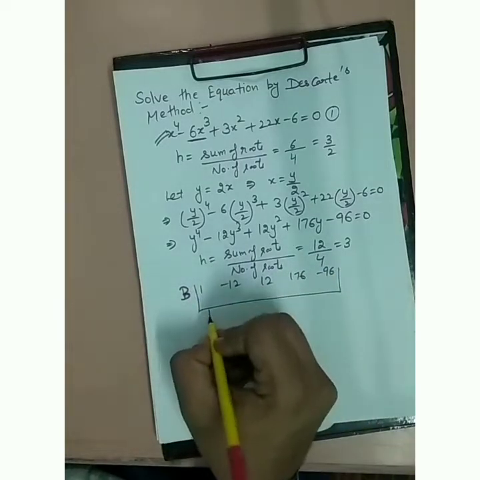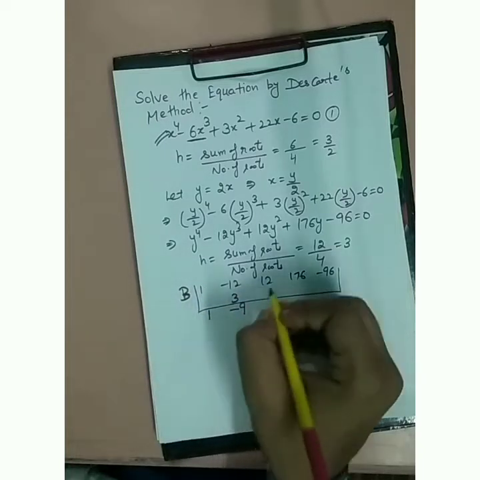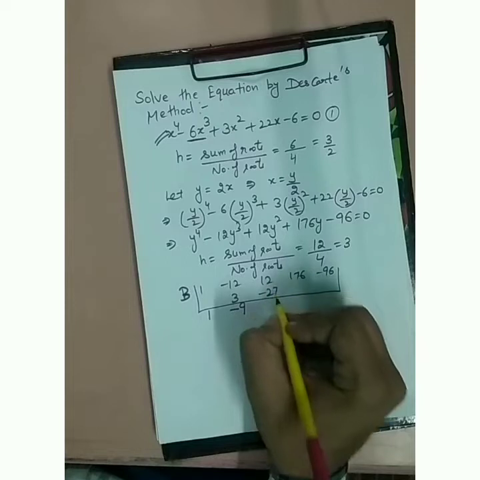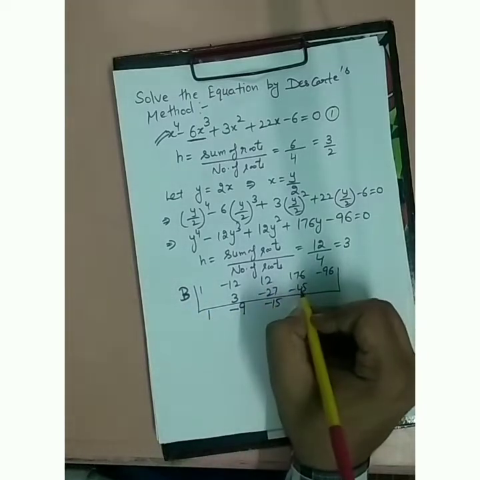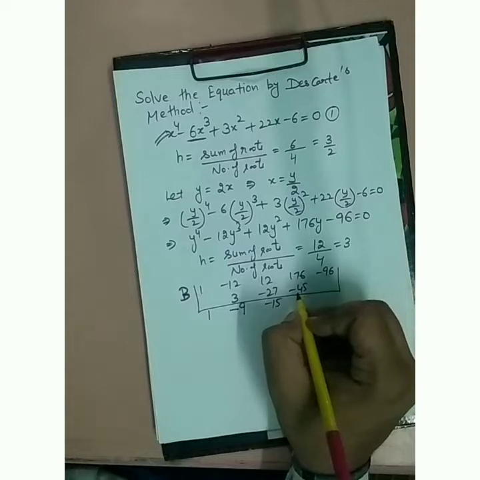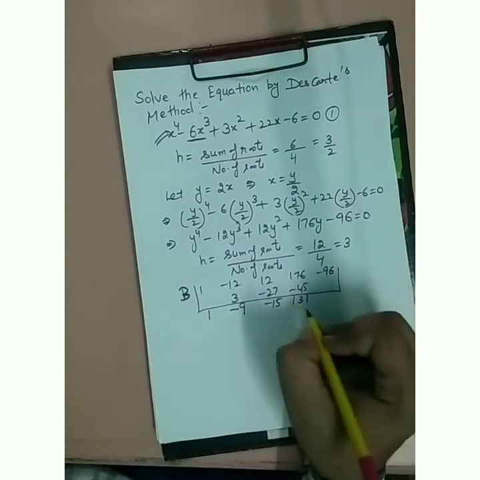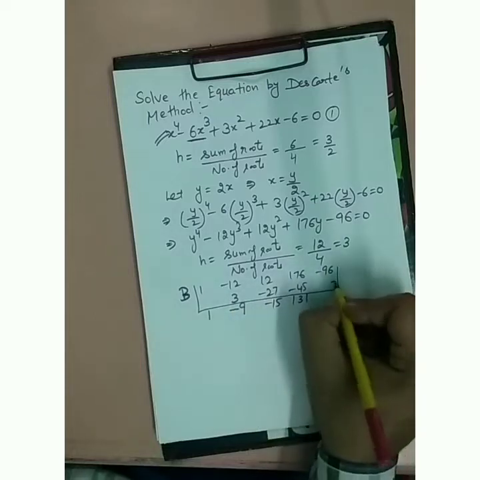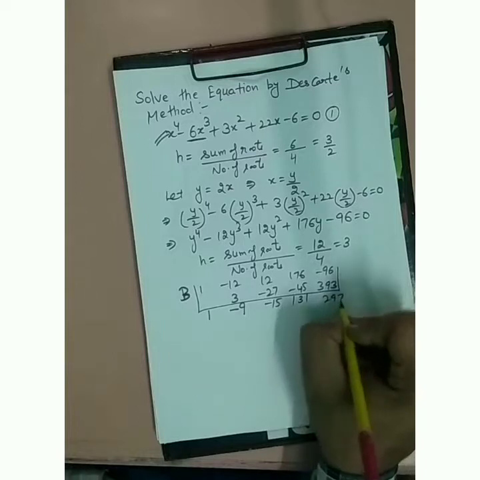1 as it is, multiply by 3, adding these two, minus 9, multiply these two, minus 27, adding these two, minus 15, minus 45, that is equal to 131, and multiply by 3, that is 393, after adding that is equal to 297.